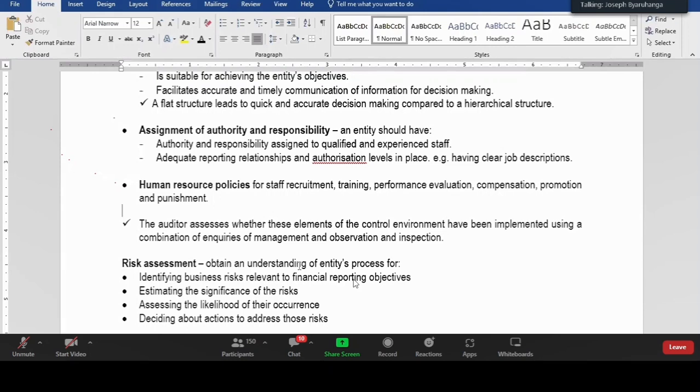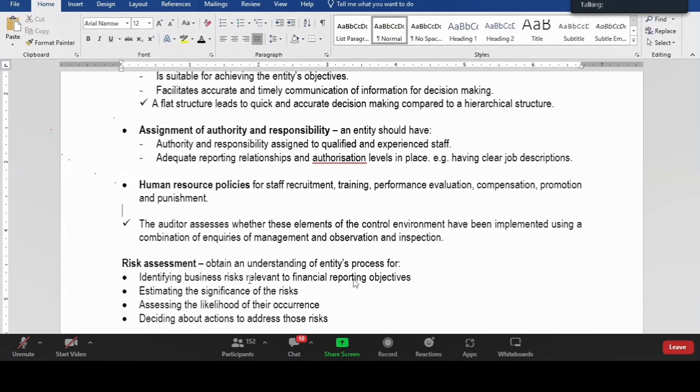As we assess internal control, we look at how management assesses business risks. The auditor should understand the entity's process for identifying business risks, because management is identifying risks.